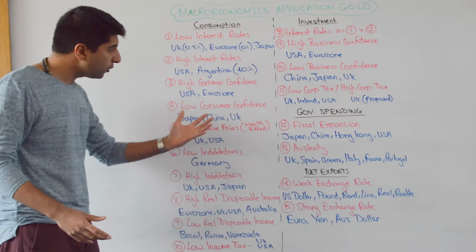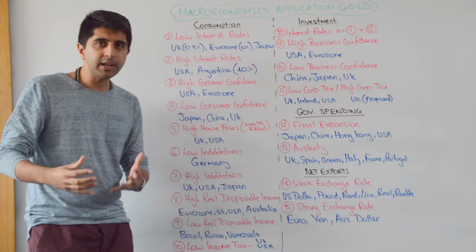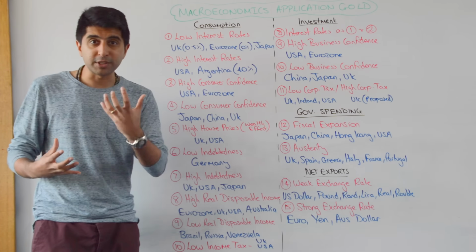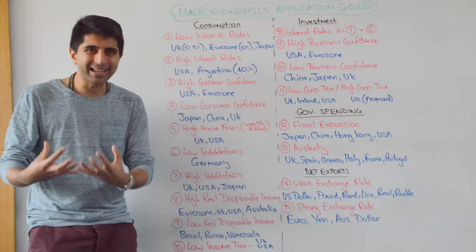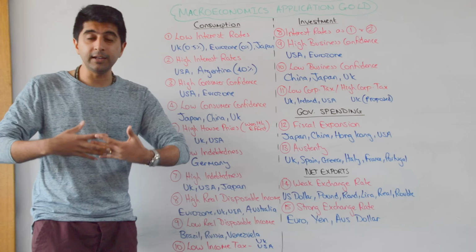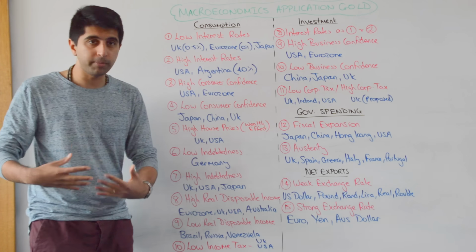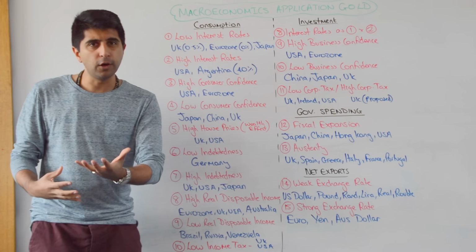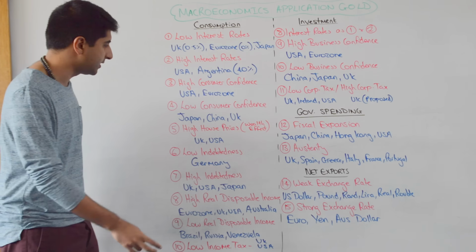Look at countries with low consumer confidence. Japan and China come to mind. Why? Big uncertainty, big concern with Trump's protectionist policies and how that can hit these economies. And that is leading to concerns with growth rates and unemployment rates, holding back consumer confidence. In the UK, we know as well, very low consumer confidence with Brexit uncertainty.